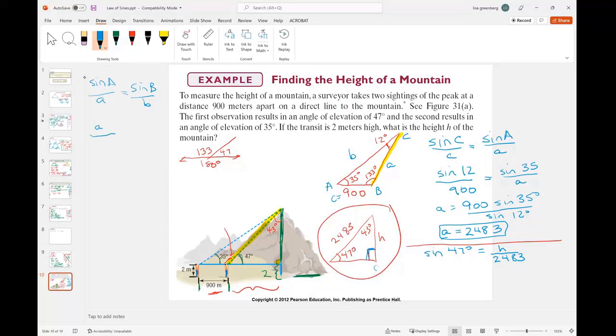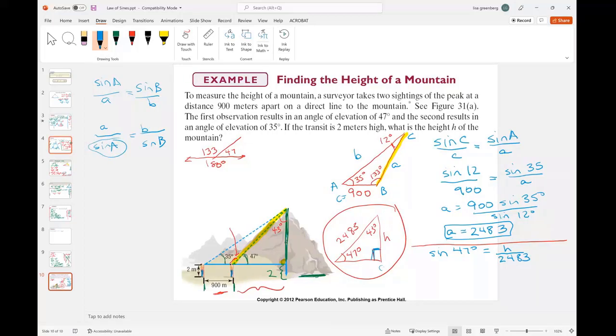That's the same as A over sine of A equals B over sine of B. Well, if one of these is 90 degrees, it's just one. So again, there's really no reason for me to use it. If I have everything else, which is what I really have, I don't need to do it. I can use my sine equals opposite over hypotenuse, my cosine equals adjacent, and so on and so on.